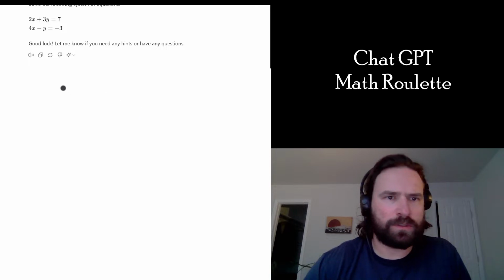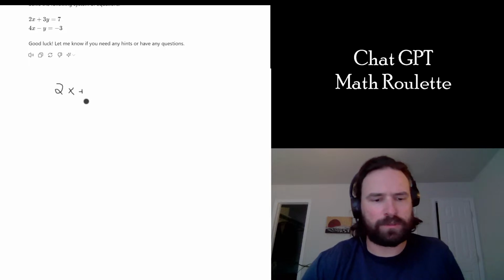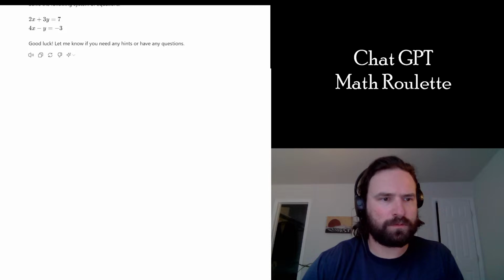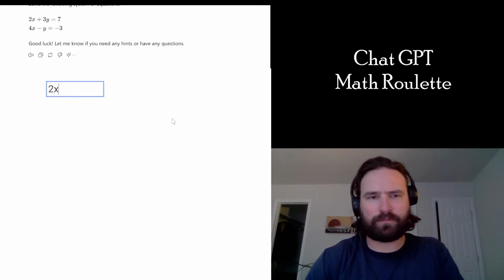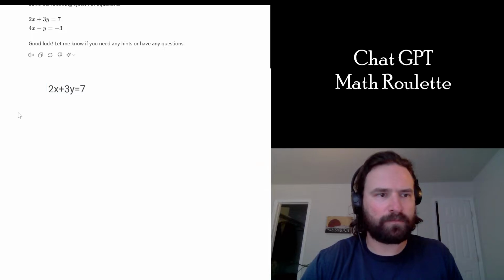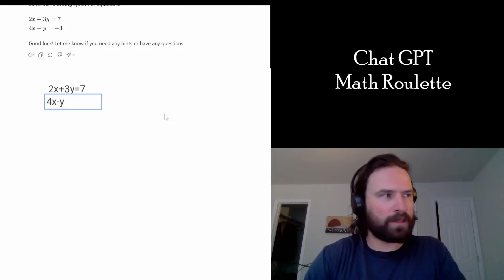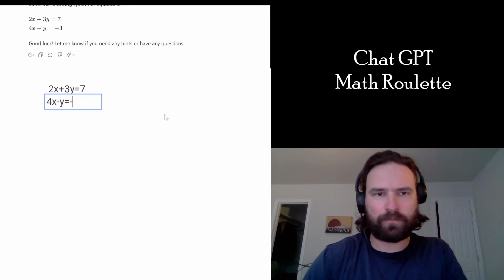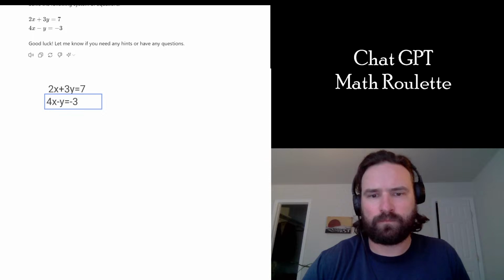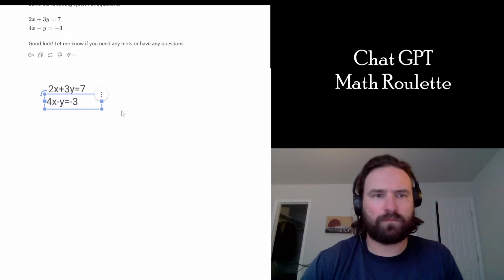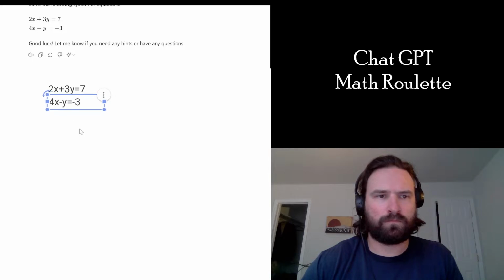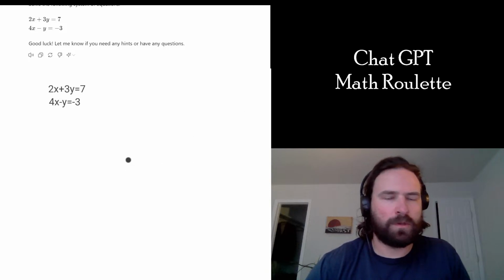So we've got 2x plus 3y equals 7, as well as 4x minus y equals, is it negative 3? Cool. So here are two equations.